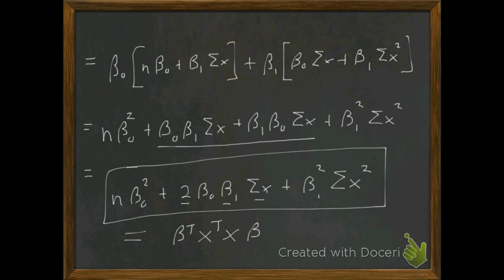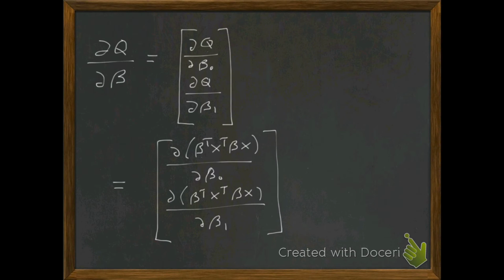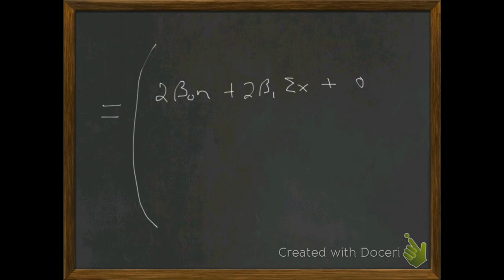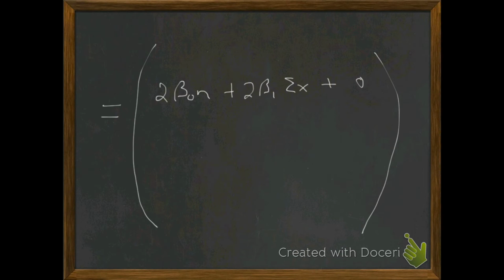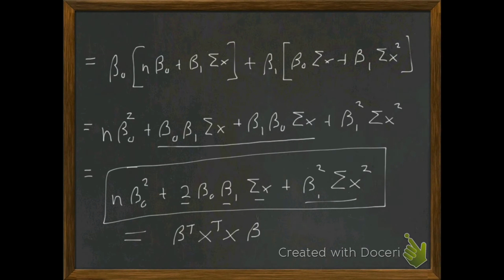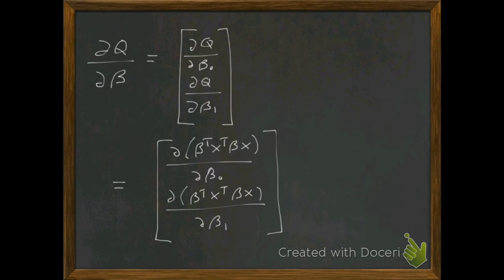plus nothing. Alright, take the partial with respect to beta 1, I get nothing with this term here. I get 2 beta 0 sum x.